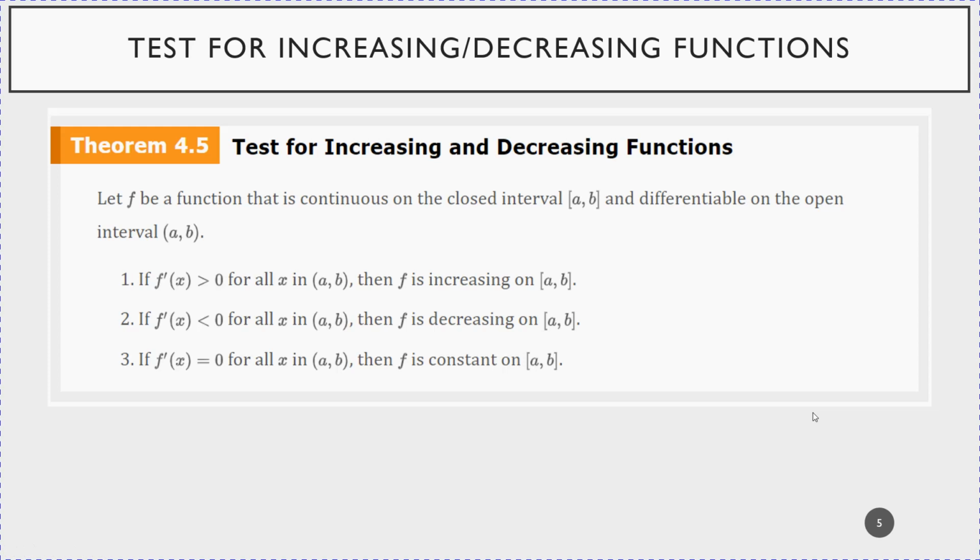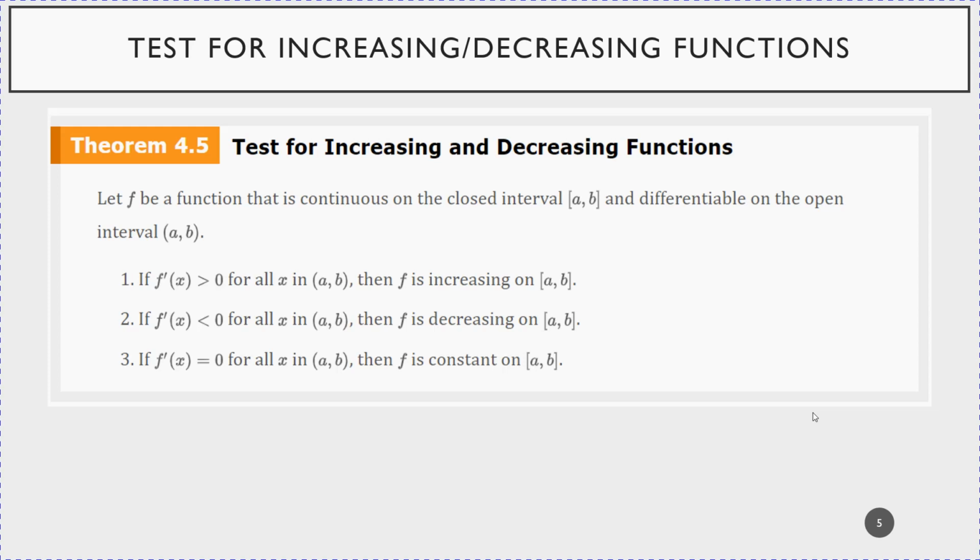Let f be a function that is continuous on the closed interval from a to b and differentiable on the open interval a to b. If f prime of x is greater than 0 for all x in the open interval a to b, then f is increasing on a to b. If f prime of x is less than 0 for all x in a to b, then f is decreasing on the closed interval a to b.